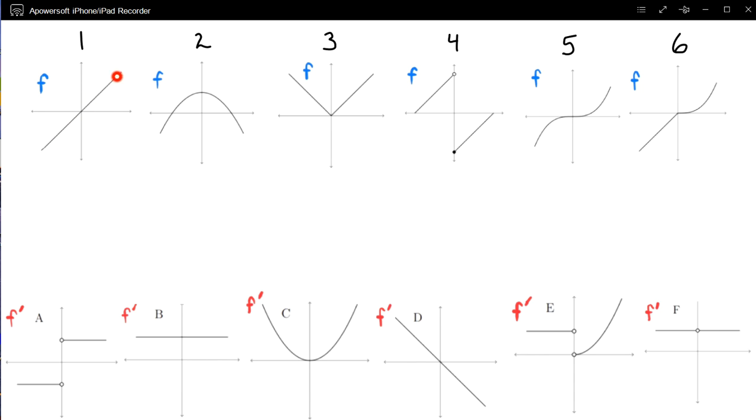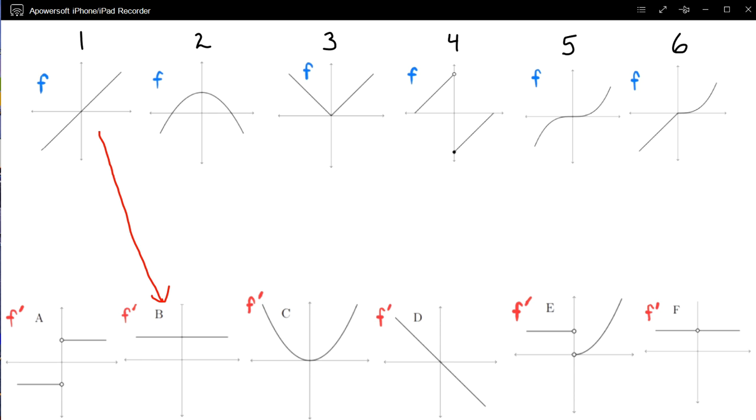It's a linear graph, so that means its slope is the same. It's increasing, which means our derivative is going to be a positive constant value. Well, the graph that has a positive constant value is graph B.